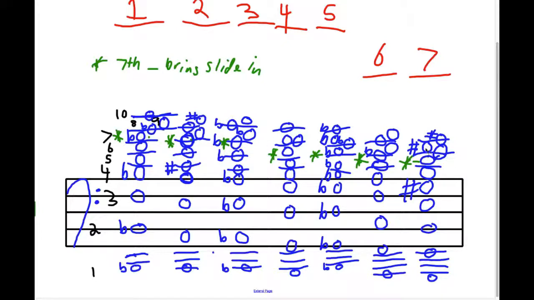So you could play a G flat or an F sharp in seventh position, but I'm going to play it in third position almost all the time. The closer to first position you can get, the better the sound and, most likely, the more reliable the intonation. So that's basically it for the partials up to the 10th partial for each slide position.